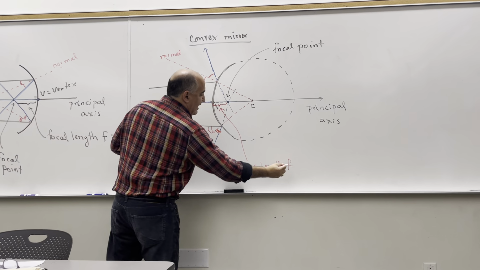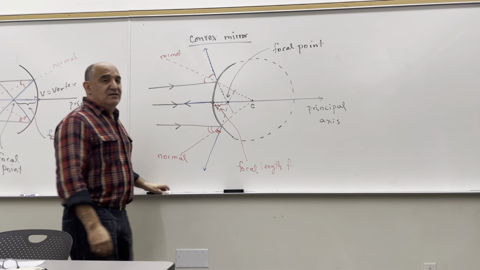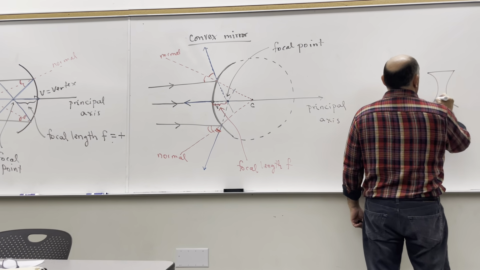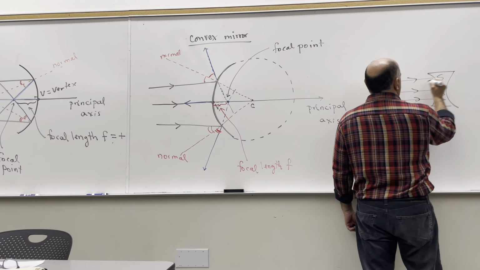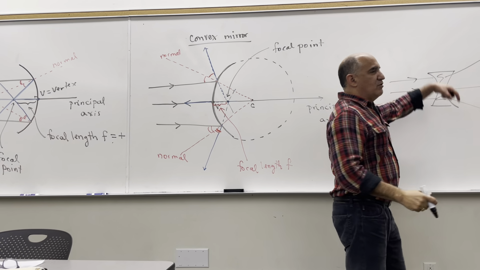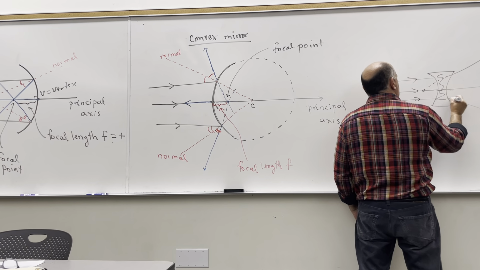And just like in the case of the concave lens, let me remind you, you had something like this. And you had three incident parallel rays of light coming in, and in the end they ended up going like this. They don't ever cross. So if you trace them back, they seem to come from here, but they don't.